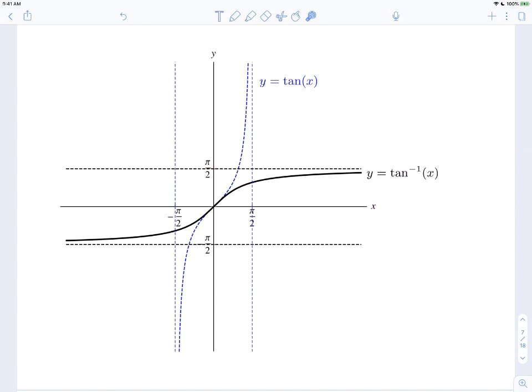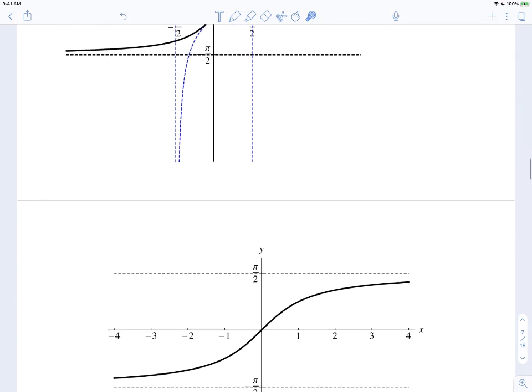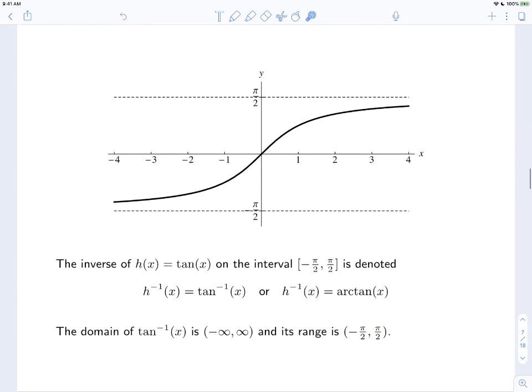Only before, tangent was between minus pi over 2 and positive pi over 2 on the x-axis. Now the inverse tangent is between minus pi over 2 and positive pi over 2 on the y-axis. So we have these horizontal asymptotes now. Let's just look at this again in the next slide. This is just the graph of the inverse.